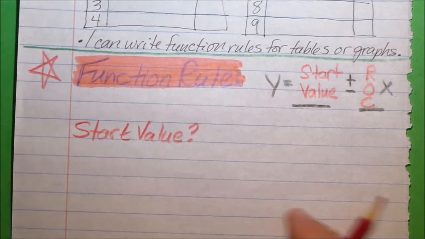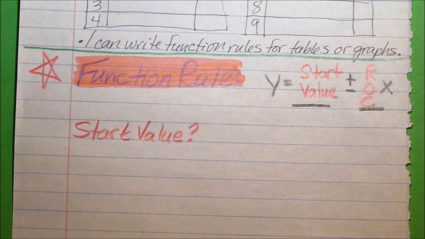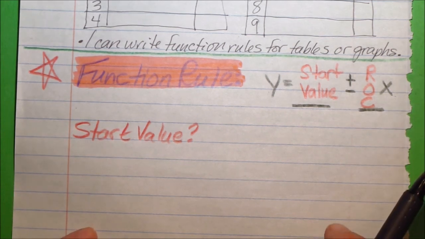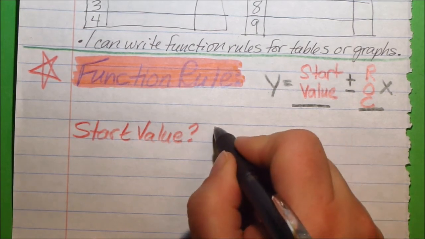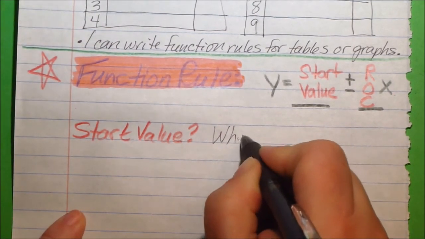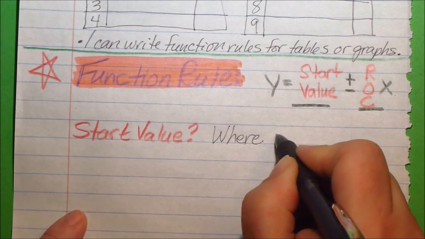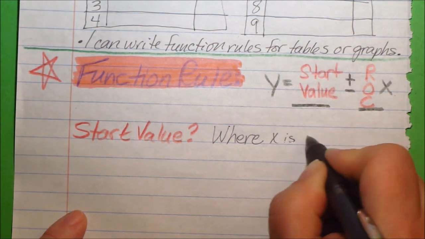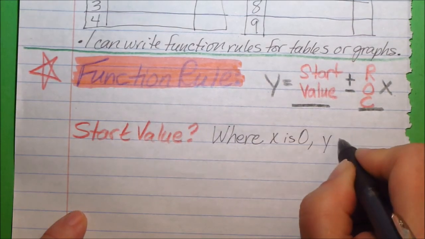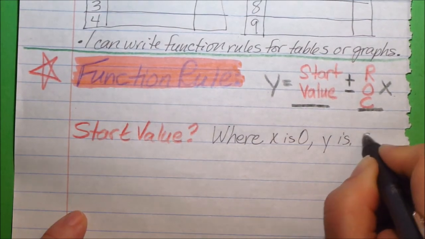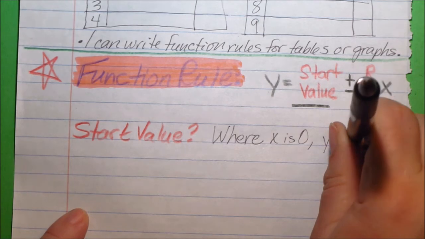So think about an input-output table, like what you did in the warm-up, okay? And here's what I want you to write. Where x is 0, y is the start value.